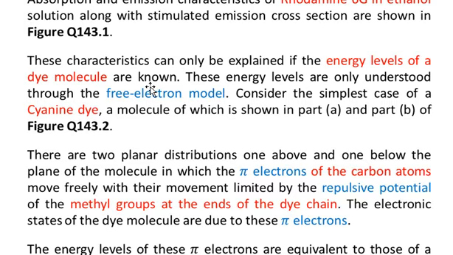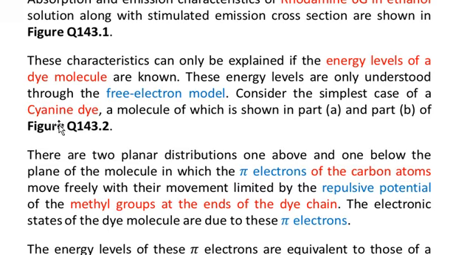So it is essential that we must know the energy levels of the dye solution before we have a plot of those absorption cross sections. These energy levels are only understood through the free electron model. So we shall see in the next few slides that the free electron model is essential in order to understand the energy levels of a dye molecule.